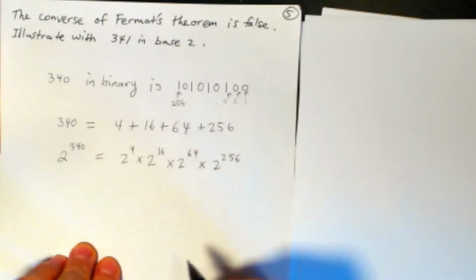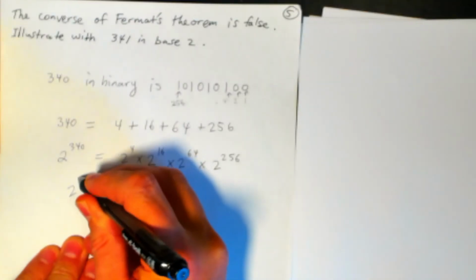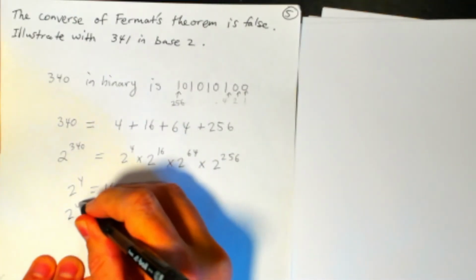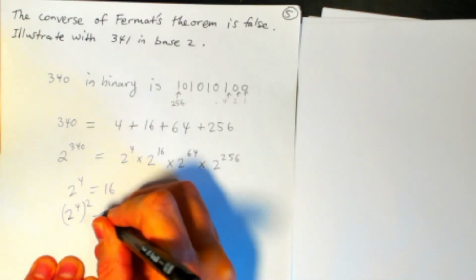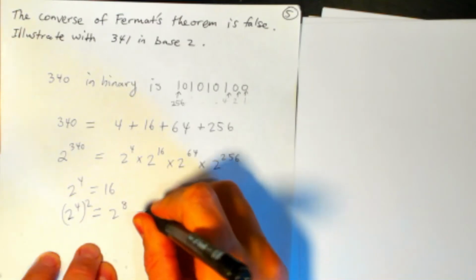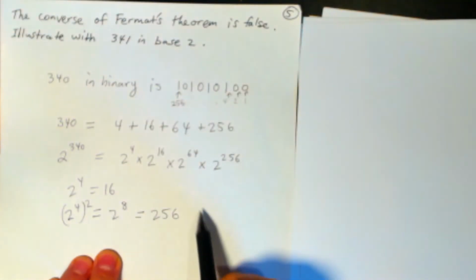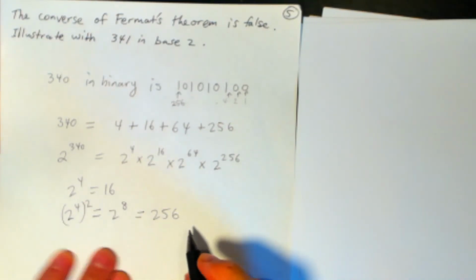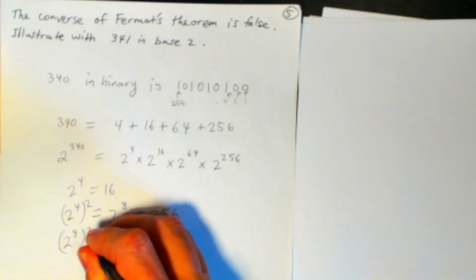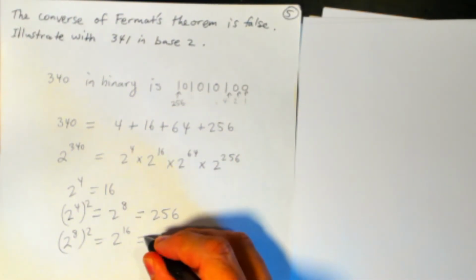Okay, so now we use the technique of repeated squaring again. So 2^4 is 16. 2^4 squared is 2^8, which is 256. Okay, now this is still less than 340, so we'll keep that as is. 2^8 squared is 2^16.